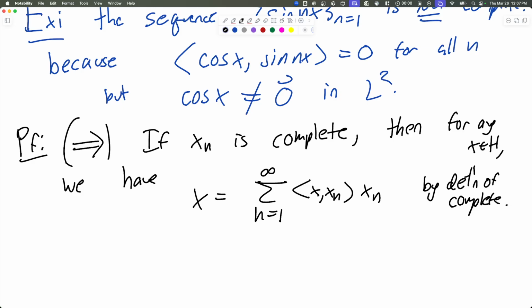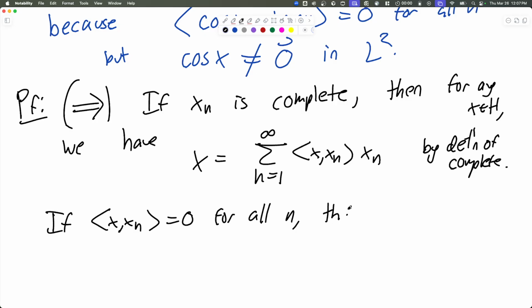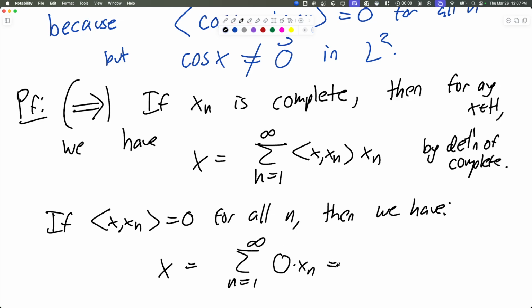So what would happen if all the coefficients were 0? If <x, xn> equals 0 for all n, then x is equal to this infinite sum, like we just said, but the infinite sum is all zeros. And the only thing that you can get as the infinite sum of all zeros is 0, the 0 vector.